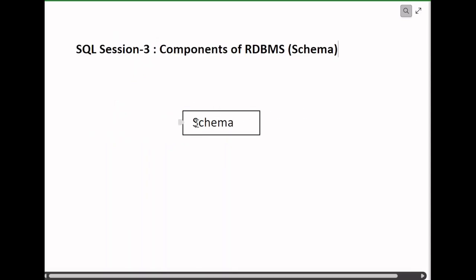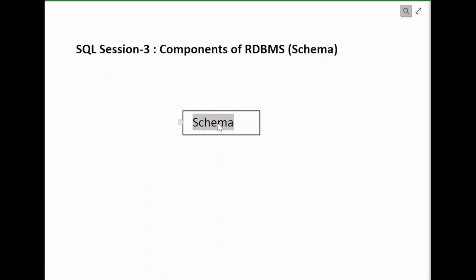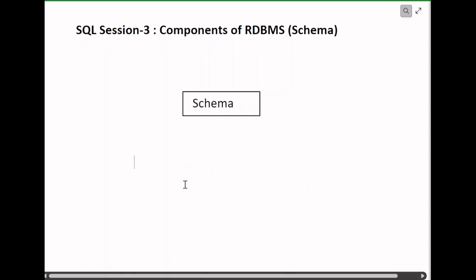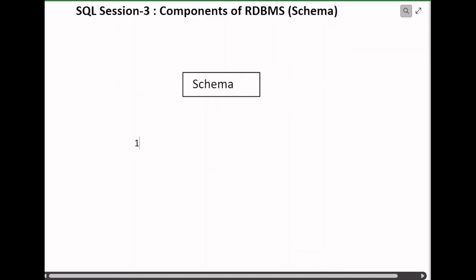The word schema is very special because it has different meanings in different contexts. In this video, we will focus on the meaning of schema in the context of SQL only. But I want to let you know the other meanings associated with this word. If we are talking about the word schema in the world of SQL, it has one meaning.